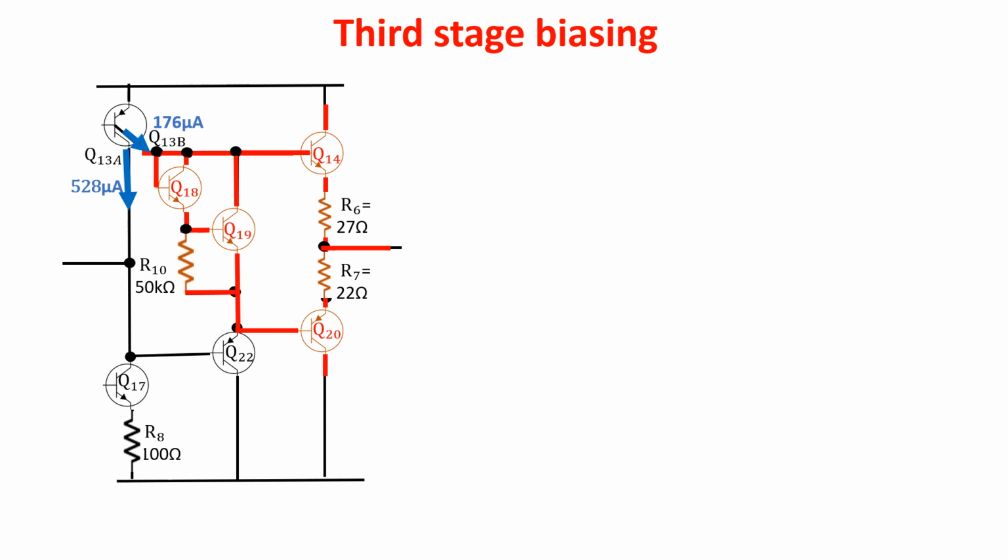The current coming from the collector of Q13B is 176 microamps, and it flows entirely in Q18 and Q19, neglecting the Q14 base current. Assuming the VBE19 equals 0.7 volts, the current flowing in R10 and Q18 is 14 microamps. Subtracting 40 microamps from 176 microamps, we get 162 microamps flowing in Q19.